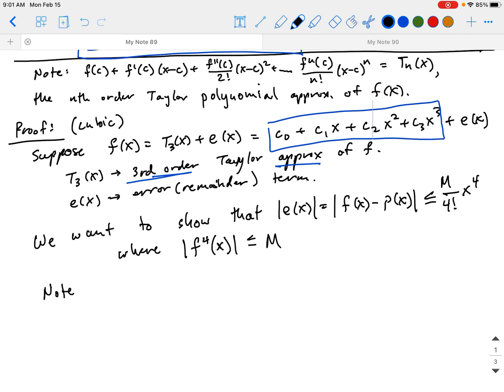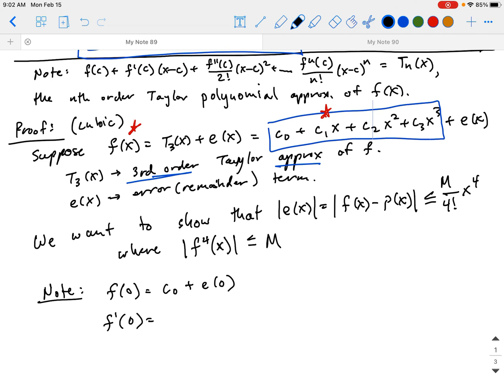So we'll note that from our definition above, f of 0, well, all of the x terms are going to just become zeros. So f of 0 is going to equal C0 plus E0.